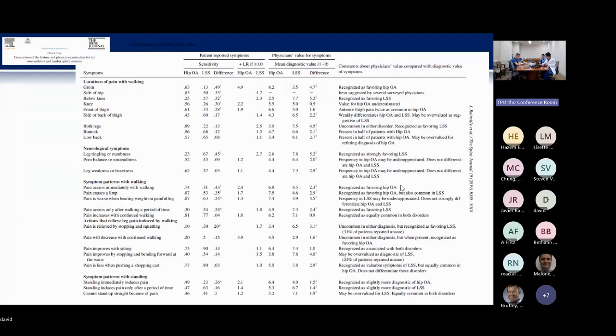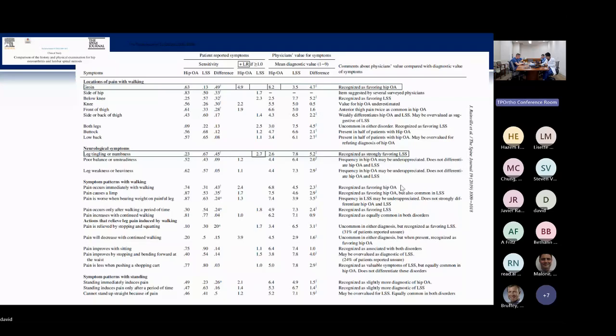And the most specific finding was that groin pain was pretty much unanimously recognized to favor hip arthritis, with a likelihood ratio of 5. So if you had hip arthritis, they're at least 5 times more confident that it was coming from the hip rather than the spine. And then neurological symptoms like numbness or tingling were more likely to be attributed to lumbar stenosis.